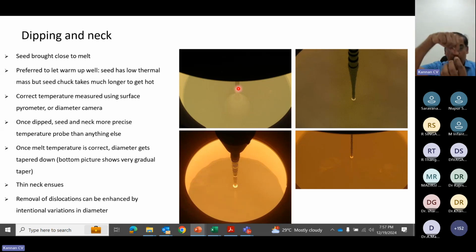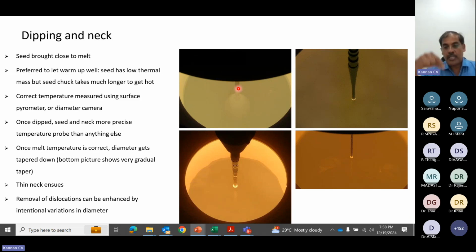And if the temperature of the molten silicon is very low, once the seed touches the melt, the silicon automatically starts solidifying. That also should not happen. The solidification or crystallization should happen in a controlled way, so that you can maintain the crystal quality.